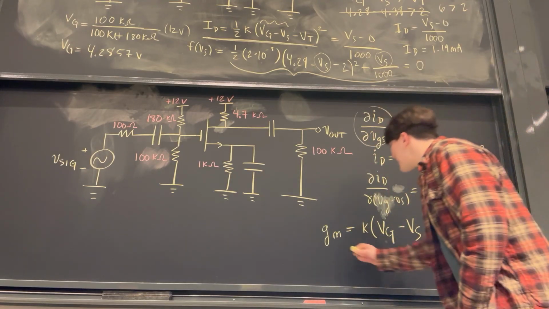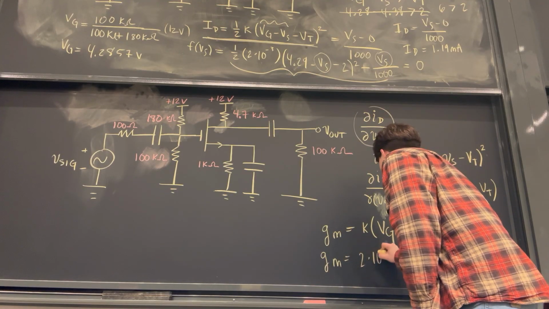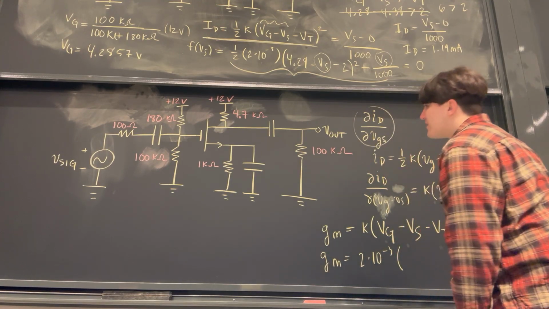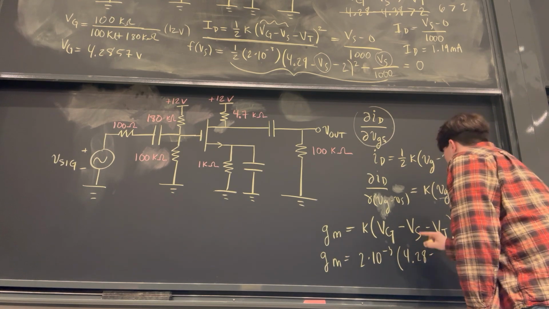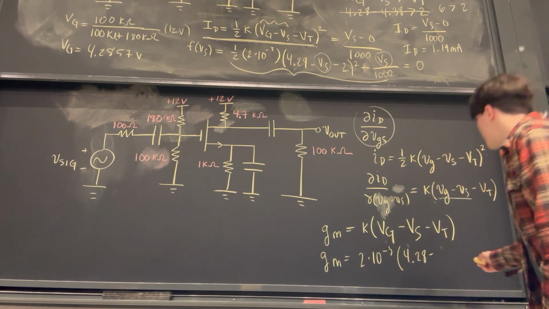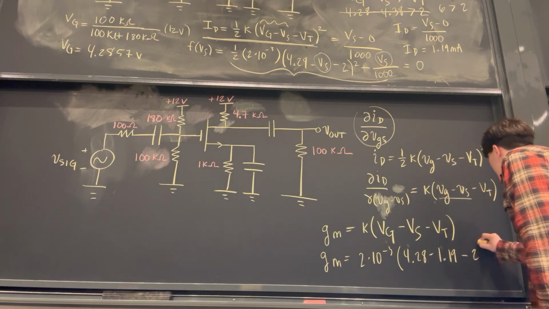So how can we calculate this? Well, I think we have everything we need. We said K was 2 times 10 to the negative 3. We said VG was around 4.28, VS was around 1.19, and VT was 2 volts.